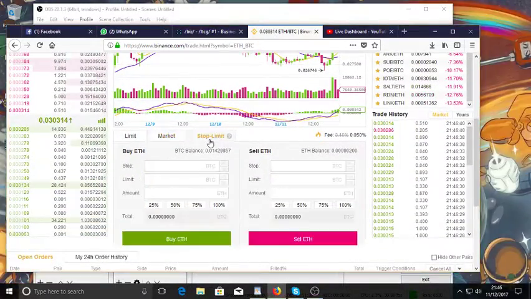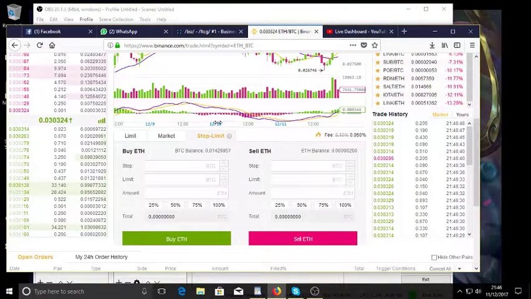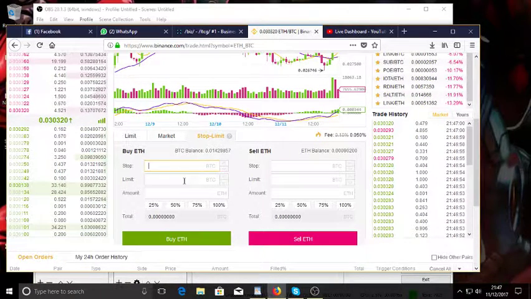Okay, and the last one is stop limit. Now, stop limit orders are pretty different. How stop limits work is that at a certain price, your platform stops and places an order for another amount of Bitcoin.